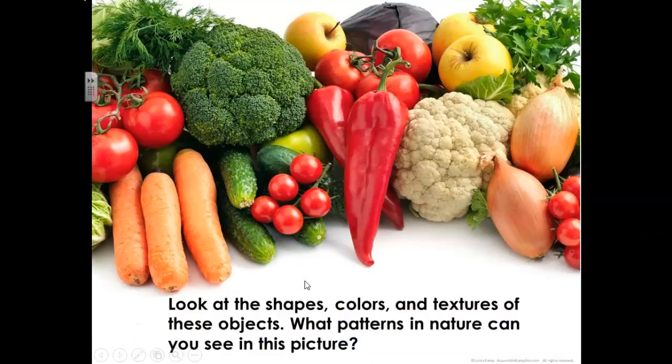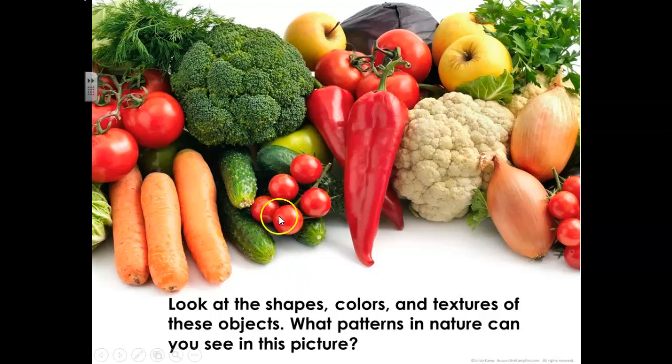Now look at the shapes, colors, and textures of these objects. What patterns in nature can you see in this picture? All right, what do you notice? The fruits and vegetables are what?